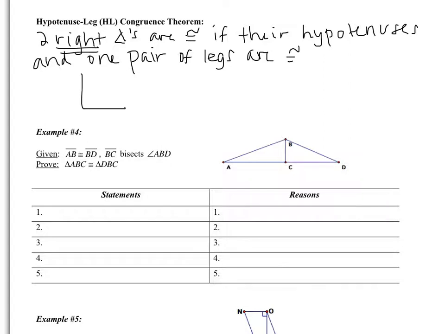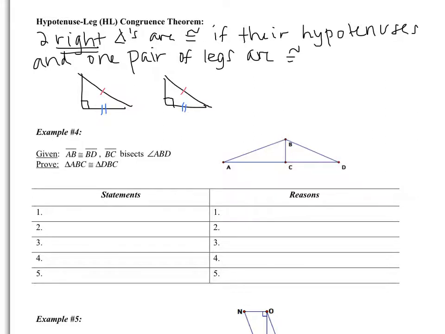This only applies to right triangles. Remember that the hypotenuses are across from the right angles, and the legs are the sides that are not the hypotenuses. So in this case, these two triangles are congruent.